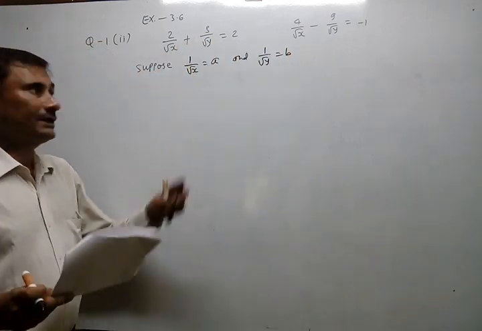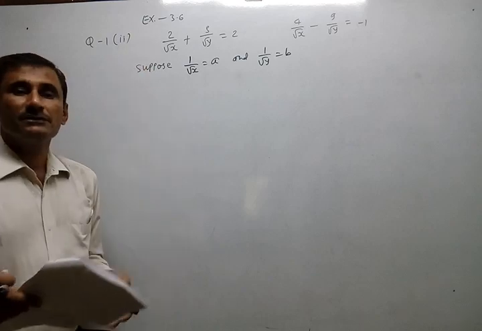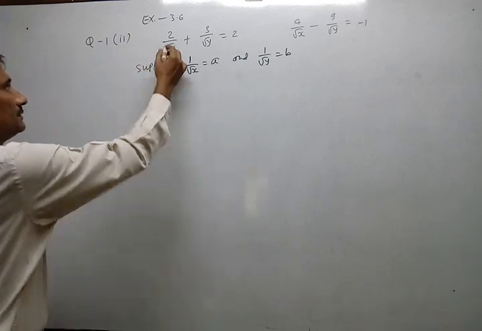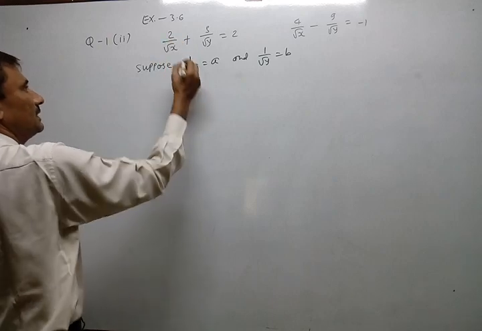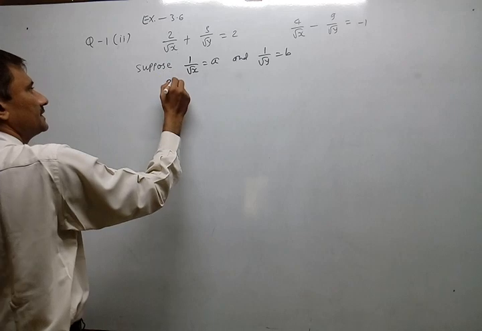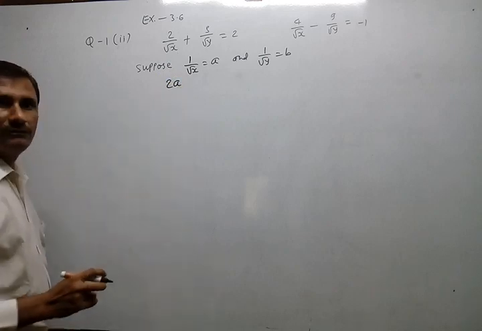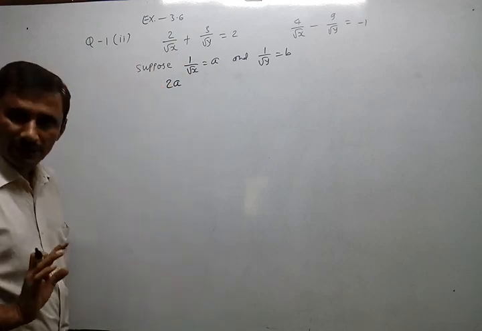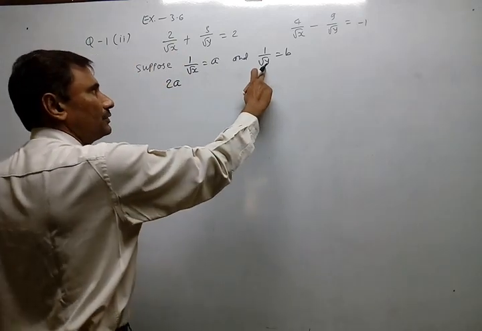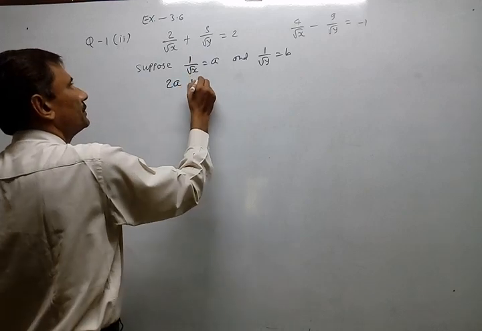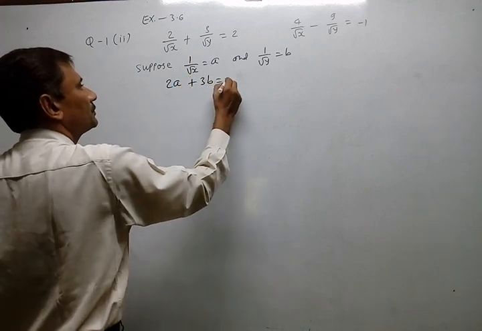Then only this equation will become linear equations. Now just write down directly in place of 1 upon root x, a. So 2 remains as it is, so it becomes 2a. Whenever the denominator is root x, write a in the numerator. When the denominator is root y, write b in the numerator. So 2a plus 3b equal to 2.